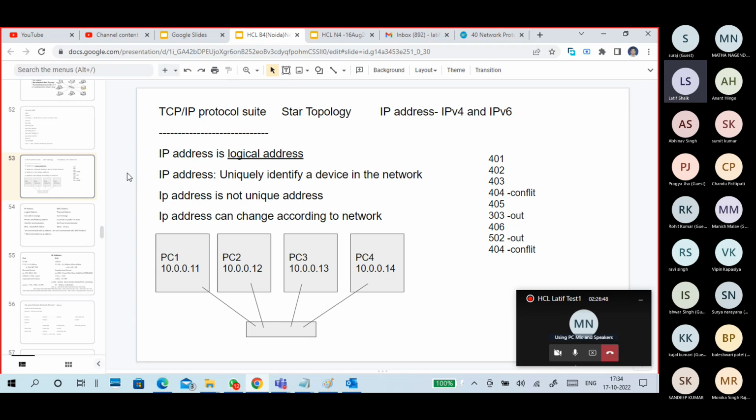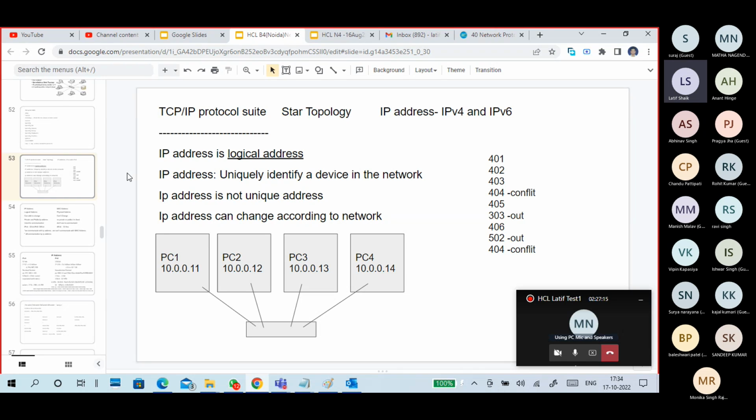The IP address can change according to the network. So, an IP address uniquely identifies a device in the network. Guys, when you say this, don't say it loosely, because if you drop part of it, the meaning will change.